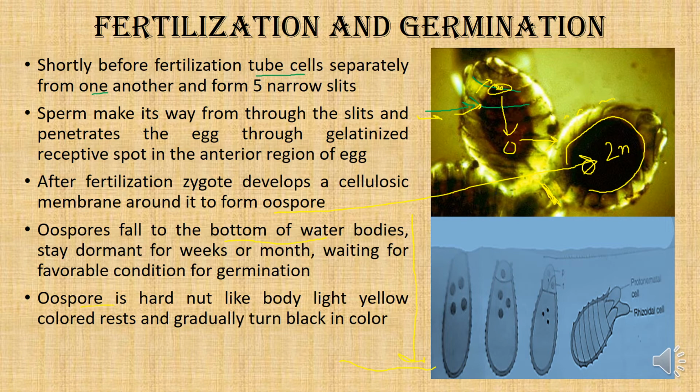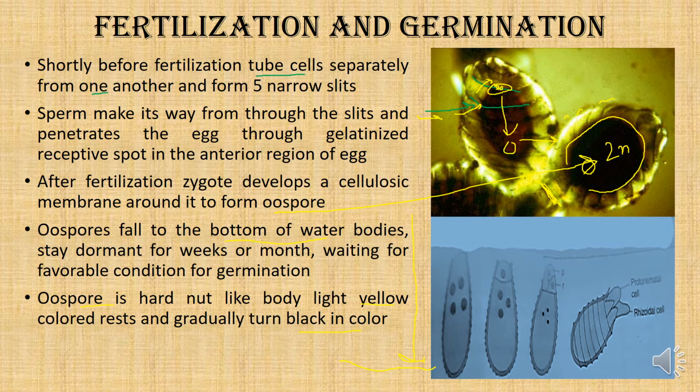Now, during this period of rest, the oospore changes color from golden yellow to gradually brownish to ultimately black in color.